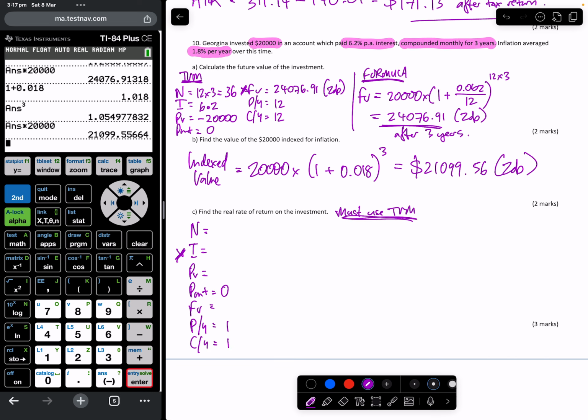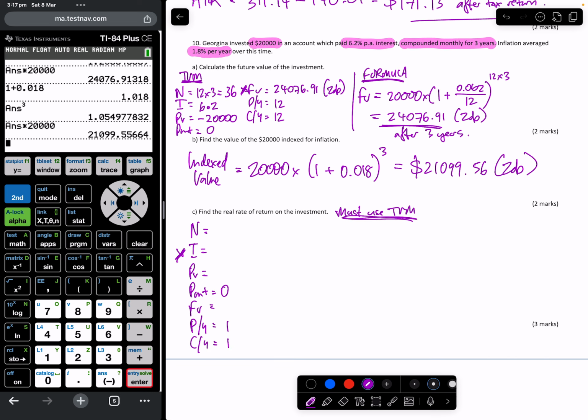PV is the indexed value of the original investment indexed for inflation as a negative. So it's negative $21,099.56. FV is what it grew to in the account. So it grew to 24,076.91.